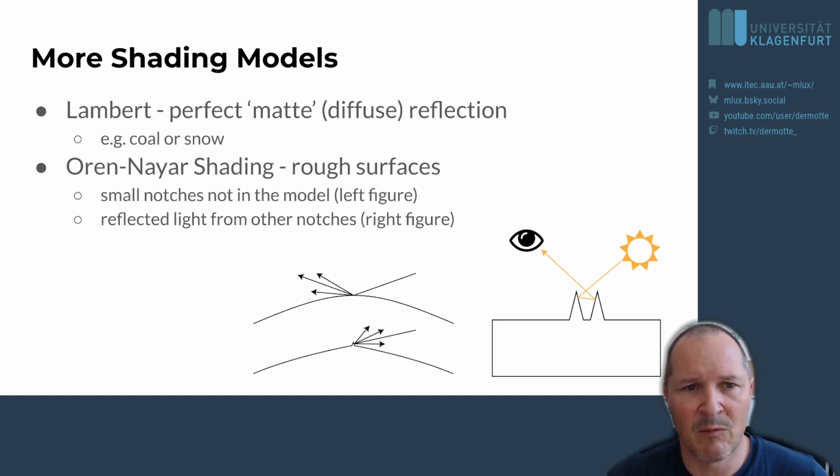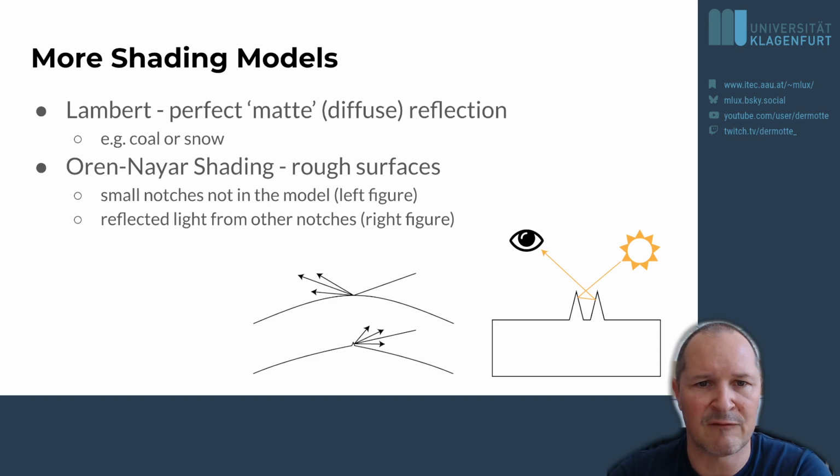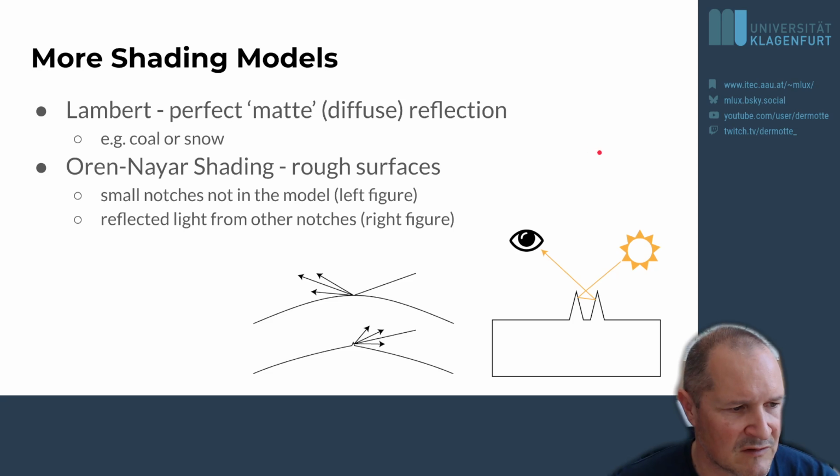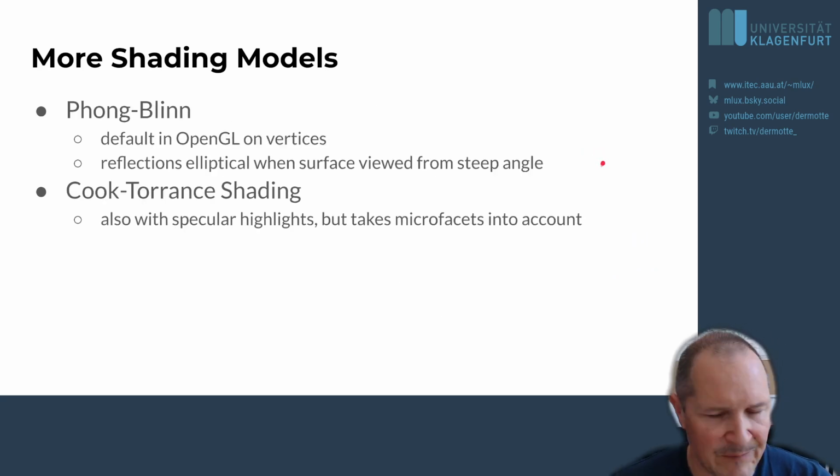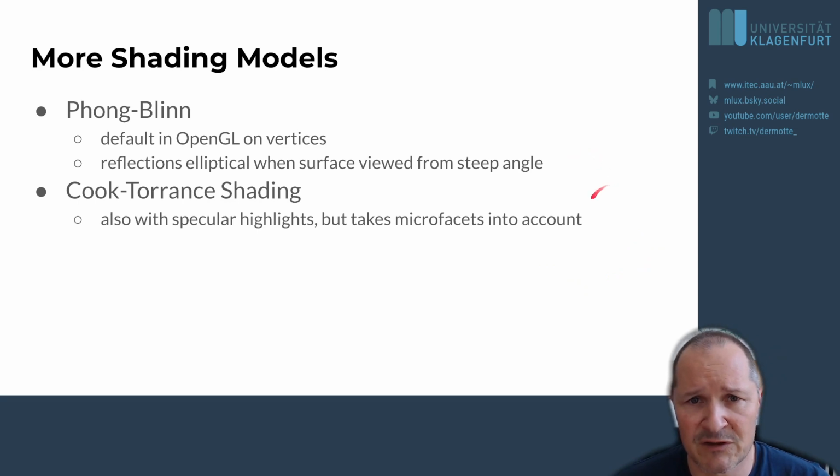It models the small notches that are not inside the 3D model and the reflected light from other notches, like you can see here in this picture. So there are many more. I don't want to go into detail, but there are Blinn-Phong, which is the default in OpenGL, and Cook-Torrance, which also has specular highlights but takes microfacets into account.